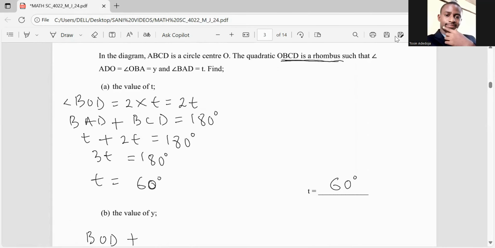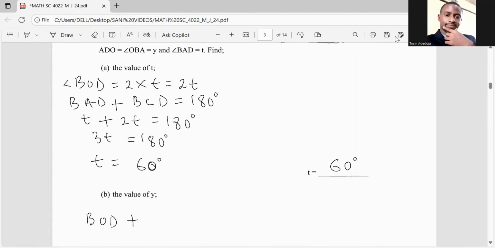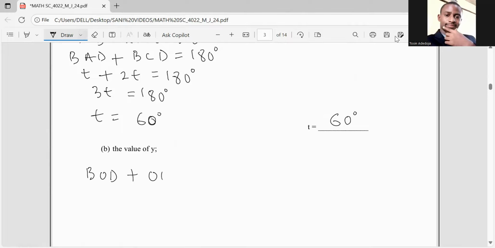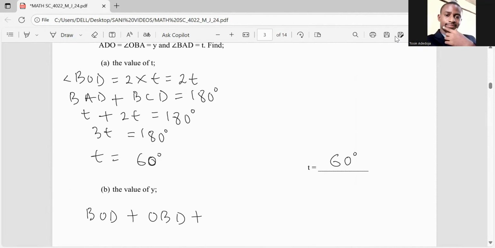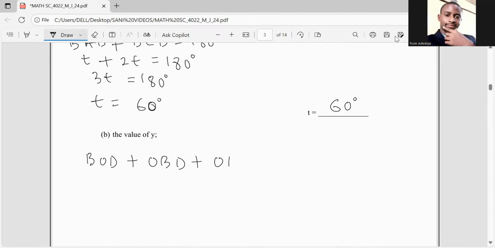So angle BOD plus angle OBD plus the third angle, ODB, equals 180 degrees. That is the sum of angles in a triangle. But you already know that OBD and ODB are equal, base angles of an isosceles triangle. So you have 120 degrees plus 2 OBD equals 180 degrees.